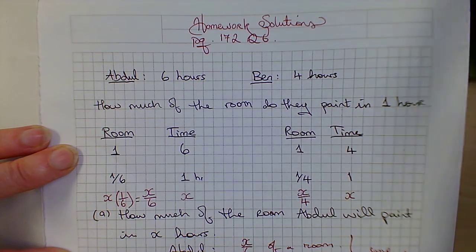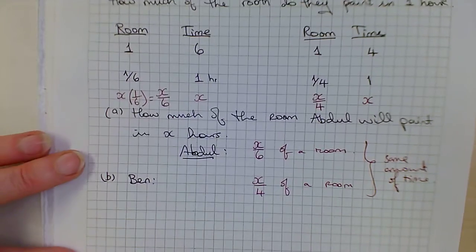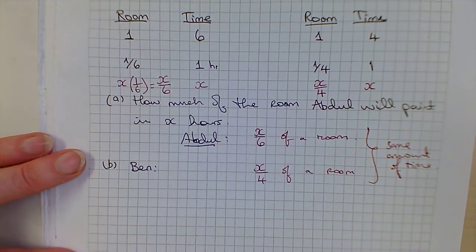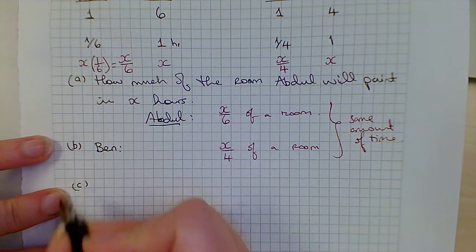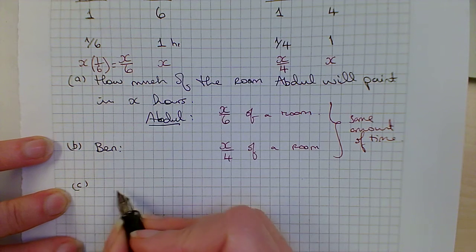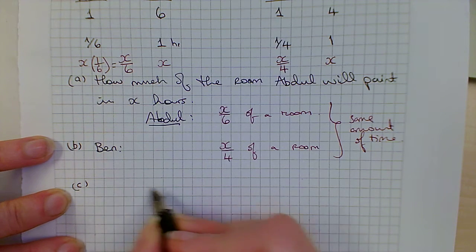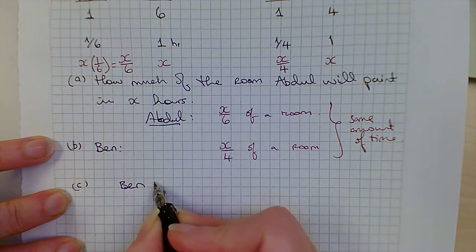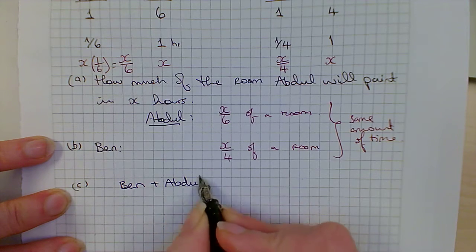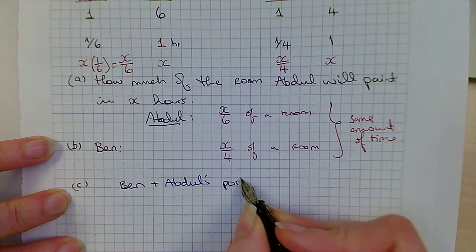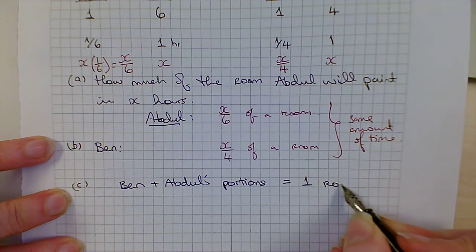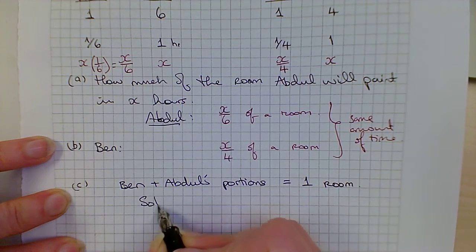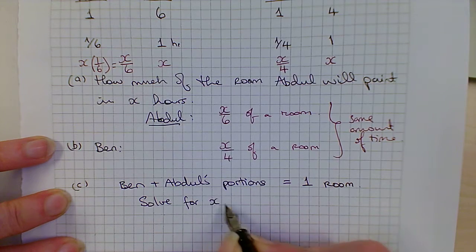And now the question is, how long will it take them to paint the room if they both work together? Tricky question there. What are we actually setting up? The setup is that Ben's and Abdul's portions added together must equal 1 room, and we need to solve for X.